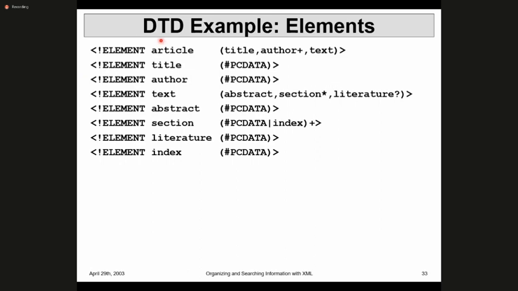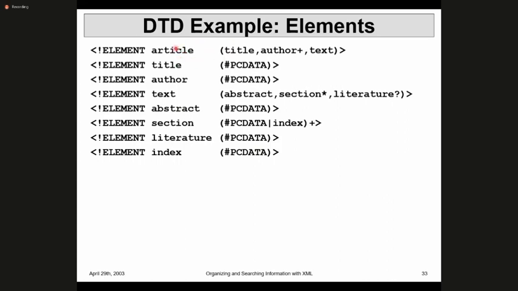This DTD can have only these elements: title, article, author, text, abstract, section, literature, and index.